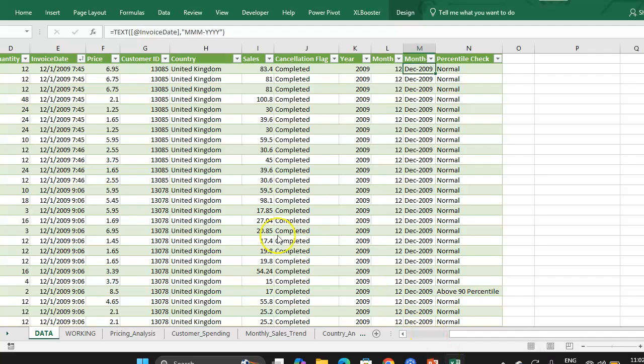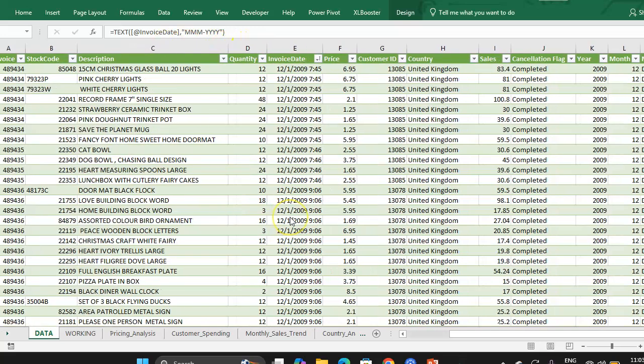I created a cancellation flag to classify records into completed and cancellation transactions. Using Excel formulas and pivot tables, I calculated the total value of cancelled transactions. I will show you.